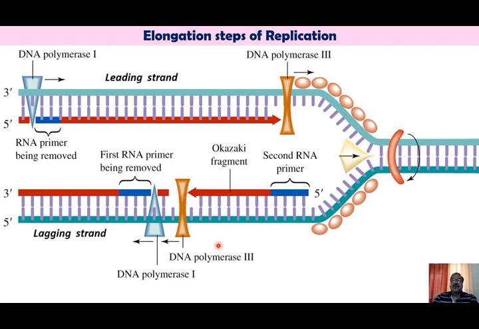and this pause creates these short fragments of DNA, and these short fragments of DNA on this lagging strand, we call them Okazaki fragments. Now, as and when the replication process proceeds further, the first primer that is formed is removed with the help of DNA polymerase 1, and then the DNA nucleotides are arranged here based upon complementary pairing, and then the phosphodiester bond between the first Okazaki fragment and the second Okazaki fragment is joined with the help of this DNA ligase enzyme.